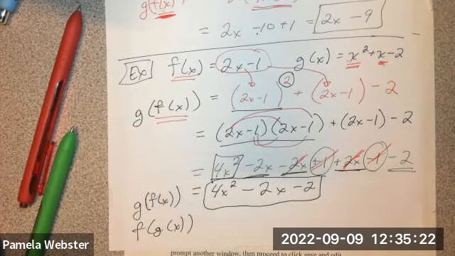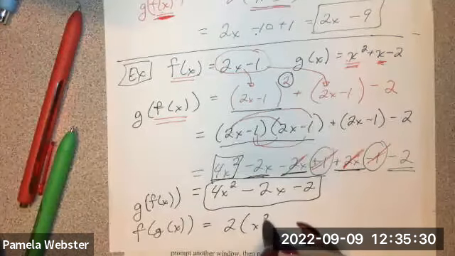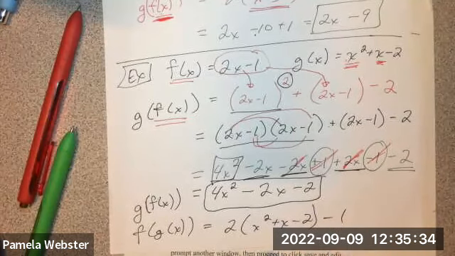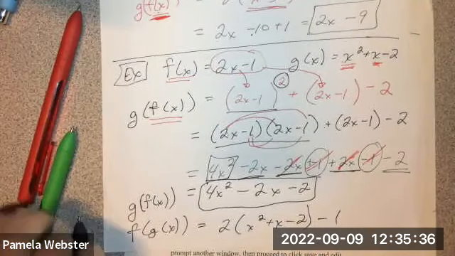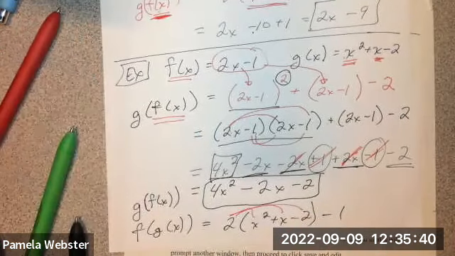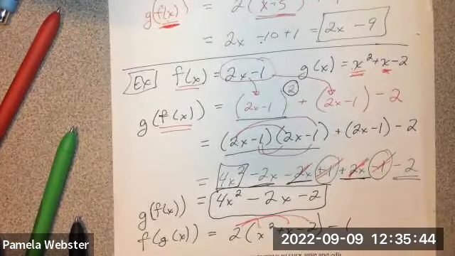I'm sorry. If you want the answer, shoot me an email and I can find it for you. Just realize that you're going to do the f of x, put in the g, and then simplify that, right? So you're going to have to distribute the 2 all the way through. It shouldn't be too rough, but if you run into something you're not sure about, let me know.